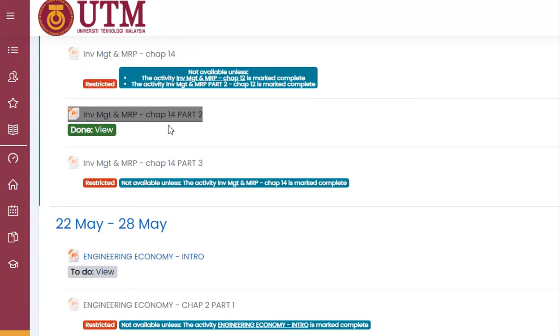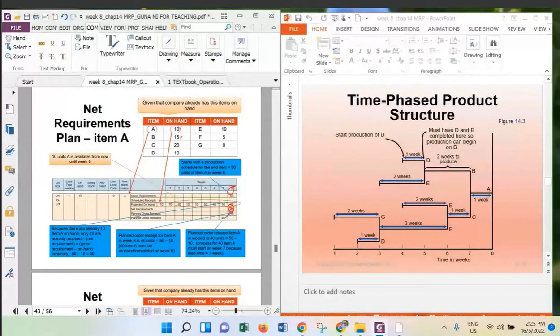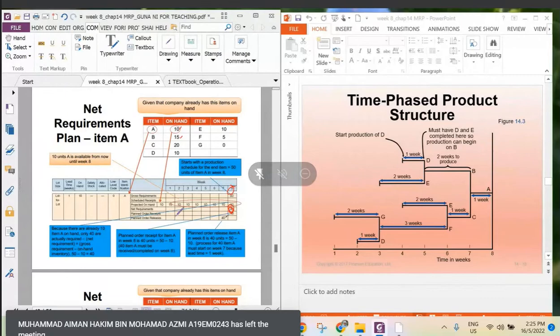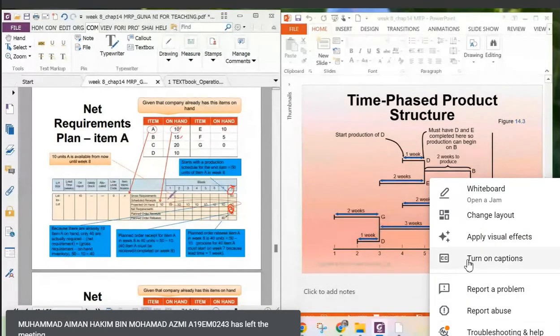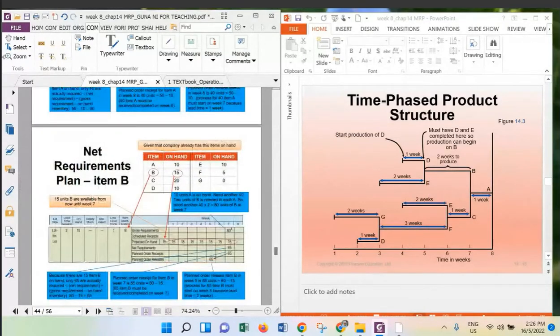Kamu nak mulakan A pada minggu ke-7 dan dia kena ready by week 8. So you require A about 40 in total. We call it plan order release. Okay, boleh faham? Next is product B. So product B, how many Bs required for 1 A? Berapa?